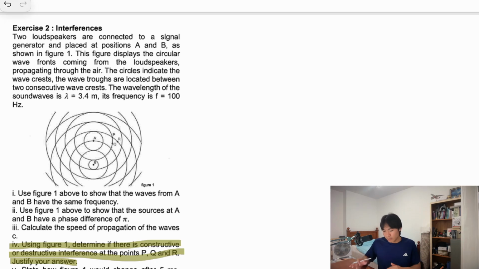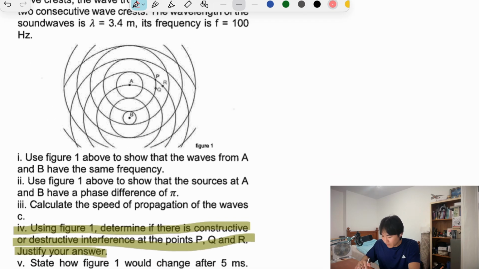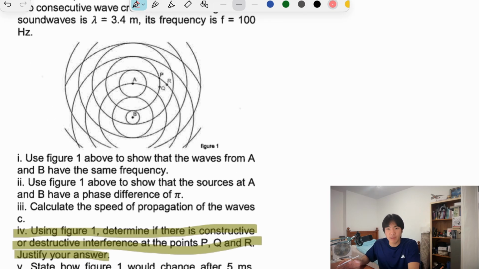Okay, let's do this quick exercise here. Exercise 2 on interference. I specifically wanted to do question 4 here to talk about the interference principle, the superposition principle, and the interference phenomena.